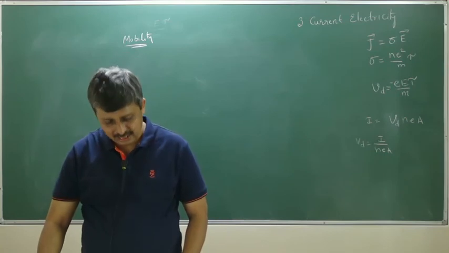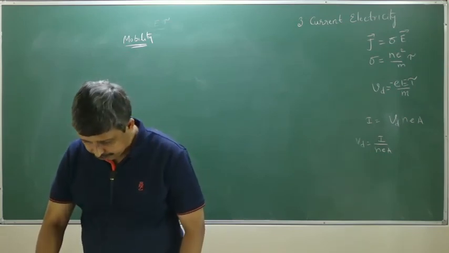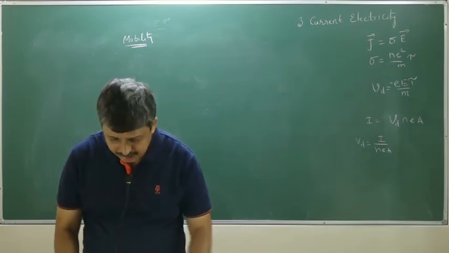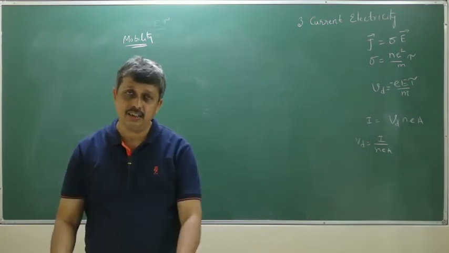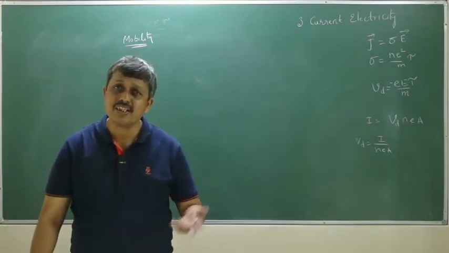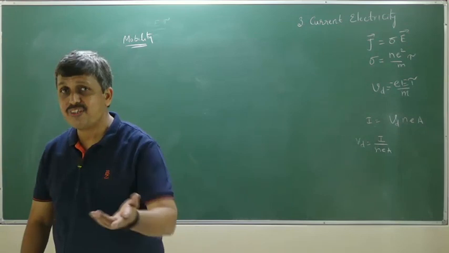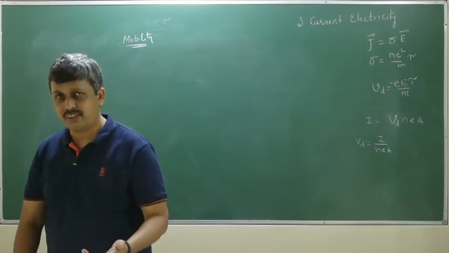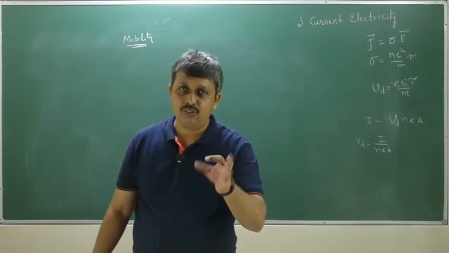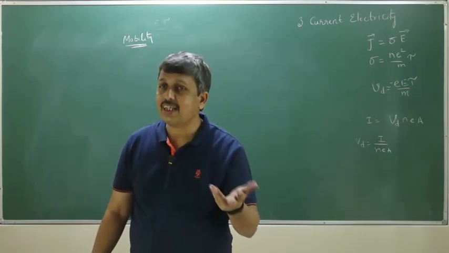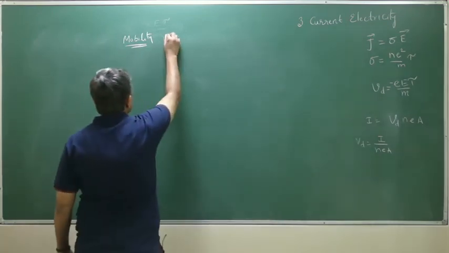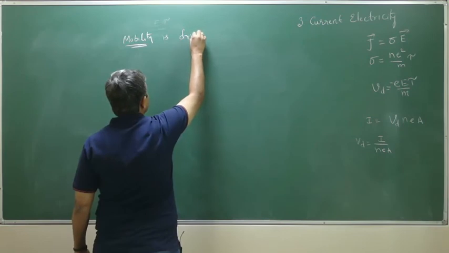So what is mobility? Mobility is defined as drift velocity per unit field strength E. Drift velocity may depend on the field that you have set up. More field, more velocity. But per unit field value E, how much is the velocity? That is its mobility.